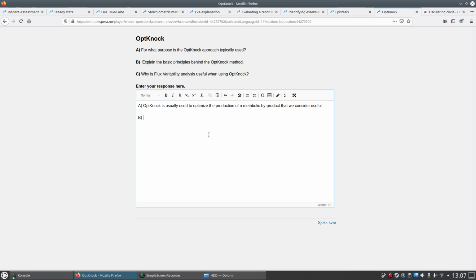And the base idea here is that the cell in any mutant it has will have its own objective function, which is growth, and it will adjust to that no matter what we do to it. What we want to do is find a mutant where optimal growth involves production of the desired metabolite.